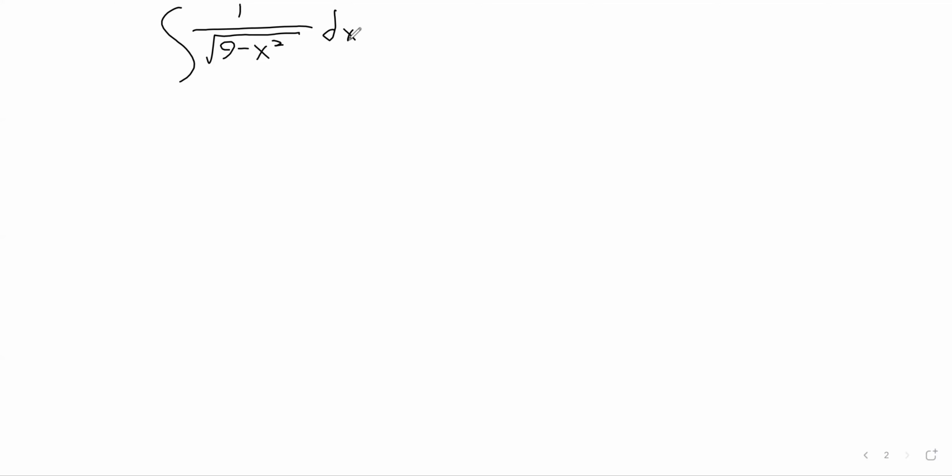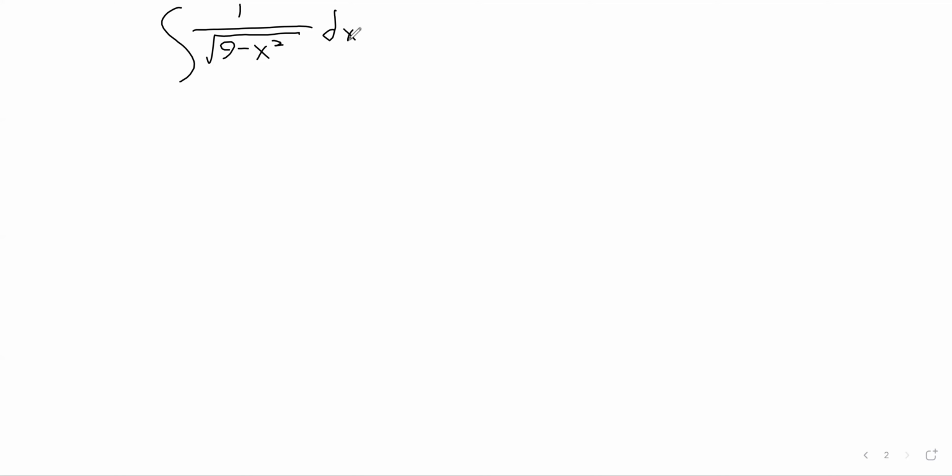I mentioned inverse trig functions. I said they both tend to come up when we've got right triangles. This is something we could solve or find using inverse trig functions. It's an arcsine problem. But let's try approaching this from another angle.